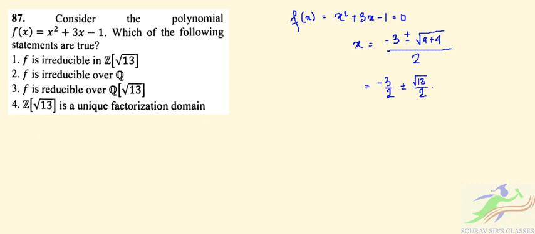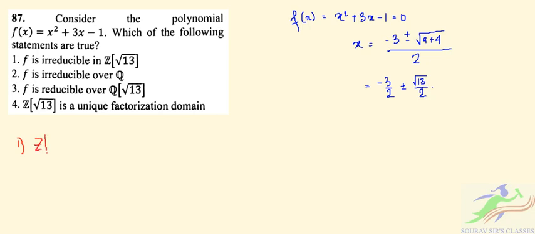In option 1 it is given that f is irreducible in Z of root 13. We have to find whether f is reducible or irreducible.